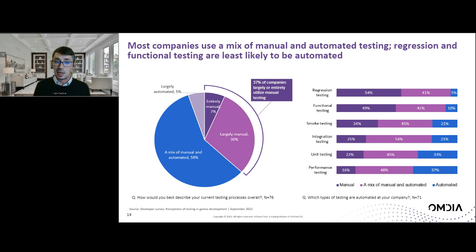Leaning perhaps a bit more towards manual, with a certain proportion saying entirely or largely manual. But predominantly the most common, again, is a mix and match approach with both manual and automation testing employed. But interestingly, it does vary quite a bit depending on the type of testing we're talking about, as we can see in the second chart here on the right.